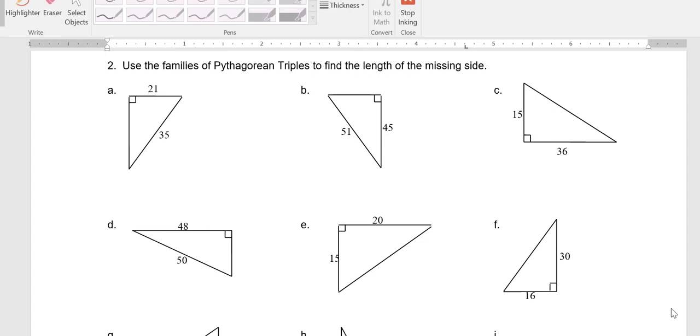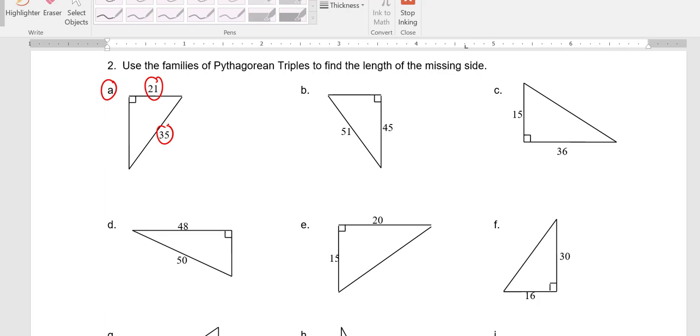So here we are on the back side. We're going to have a bunch of triangles that look like this. And what you have to do is find the missing side. So if I have, for letter A, for example, here, 21 and 35, I'm not sure what triple that is, what family that belongs to. So what I'm going to do is divide it by the largest factor I can divide it by.